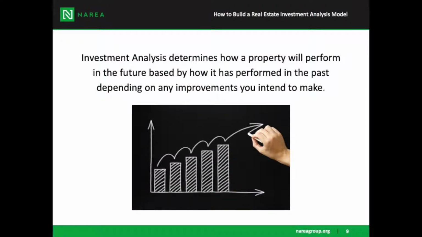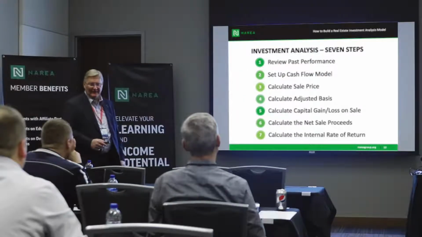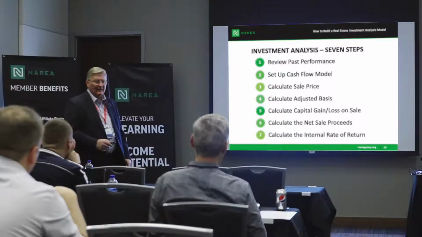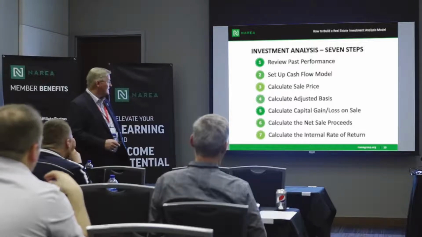So investment analysis, on the other hand, is kind of the more sophisticated side of the ledger. It determines how the property will perform in the future based on how it's performed in the past, depending on the improvements that you want to make on it. There are basically 7 steps that I've identified to go through an investment analysis.